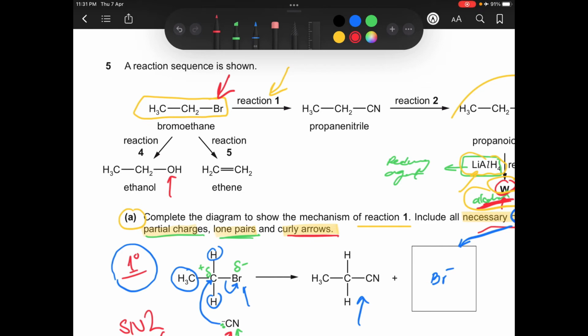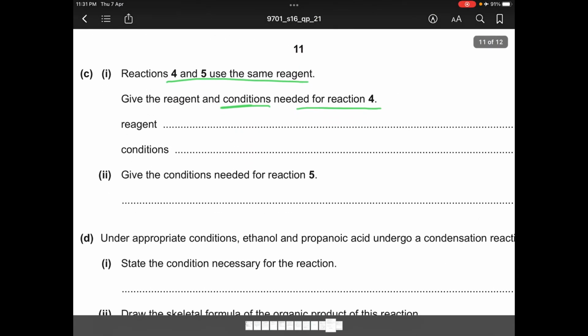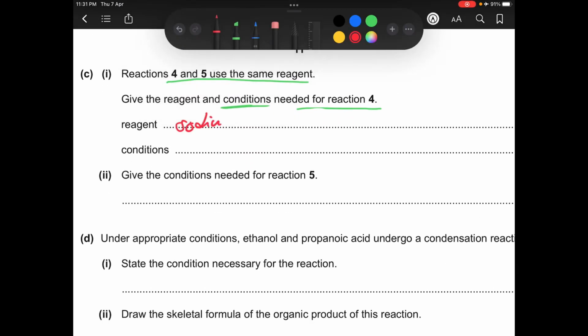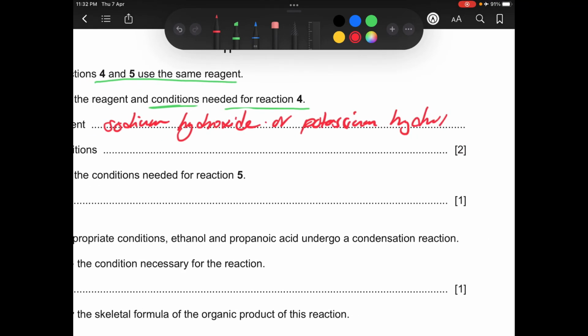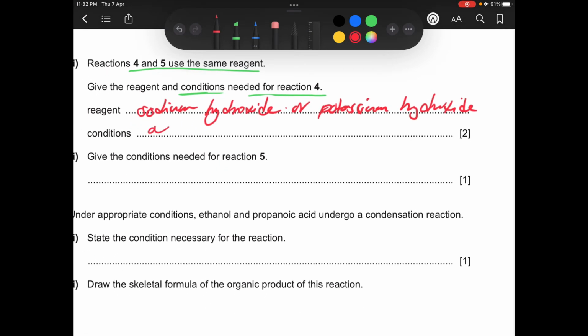If you revise that, you have to put in your mind the reagents are sodium hydroxide or potassium hydroxide, and the conditions must be aqueous.